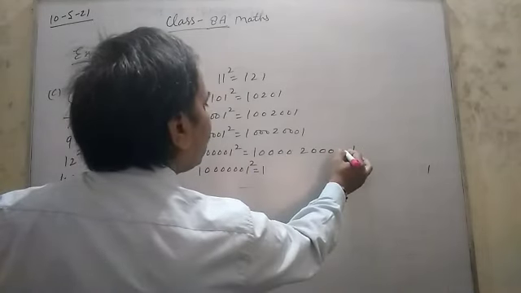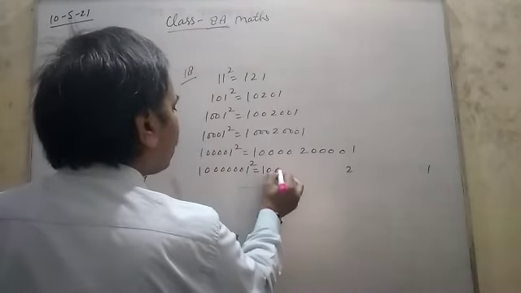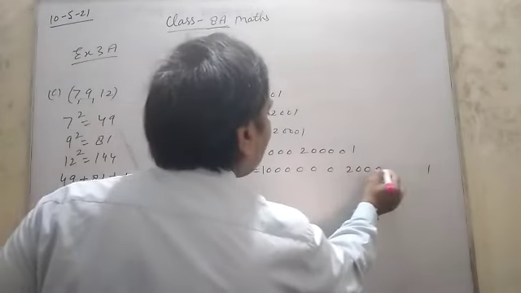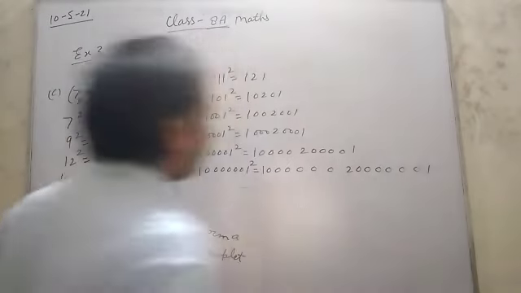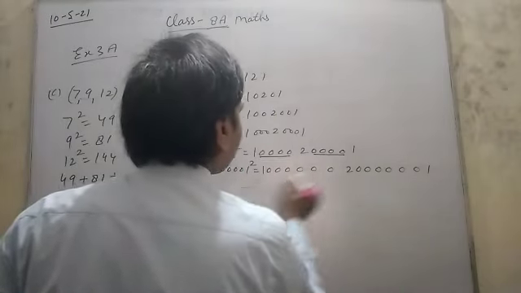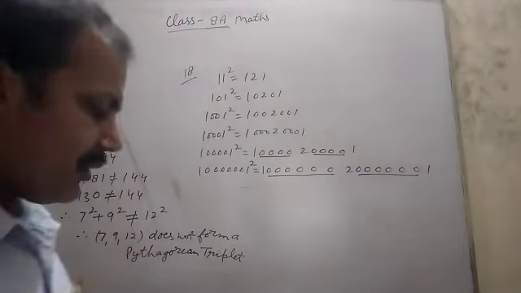This is the pattern. And here 6 zeros, so 1, 2, 3, 4, 5, 6, and after that also 5, 4, 3, 2, 1. So this we have to do. This will be the answer.